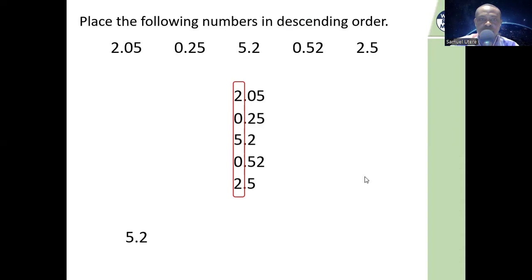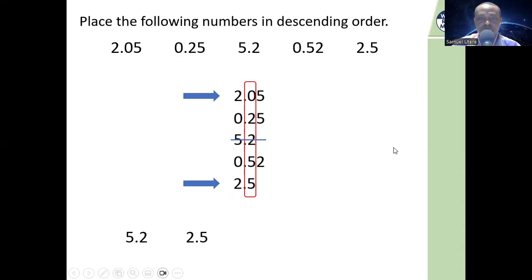Looking at the tenths, we can see that 2.5 has to be greater than 2.05. So we write that, and while we do this, we can cross off the ones we have compared and taken. The next one has to be 2.05.